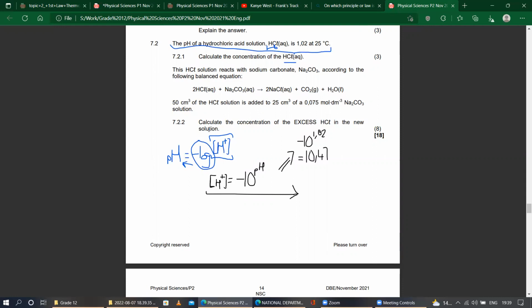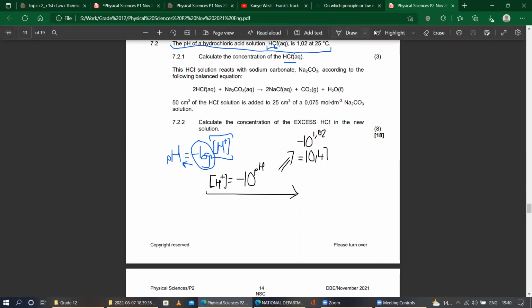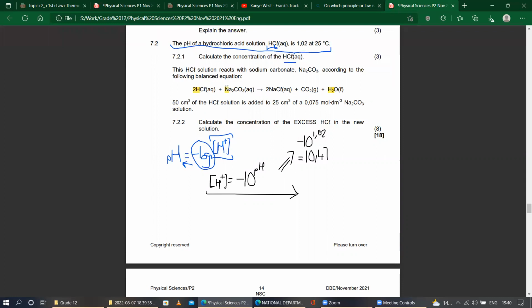Is this equation balanced? First of all, 2 H, 2 H, 2 sodium, 2 sodium.